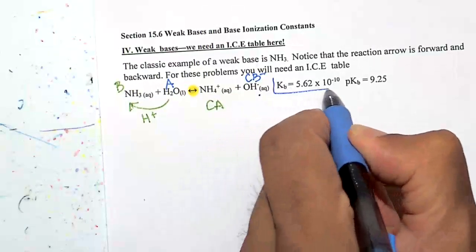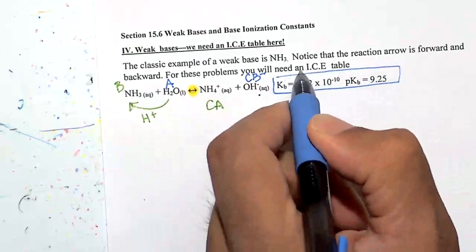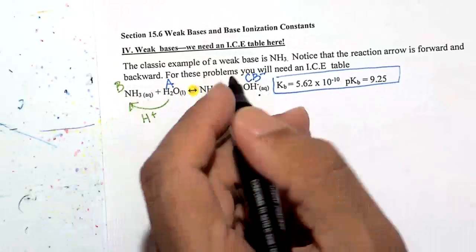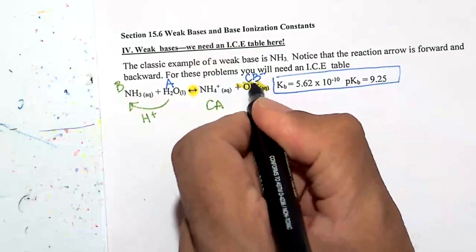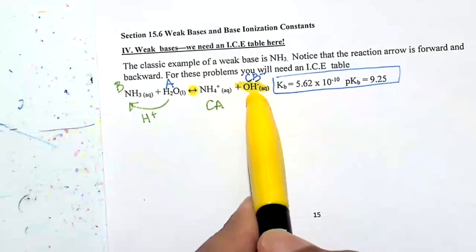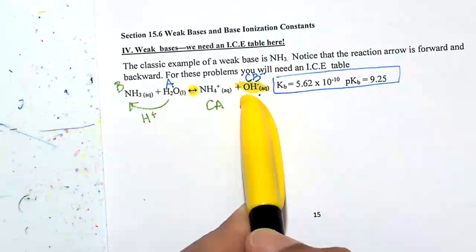So this is the Kb, not Ka, Kb. The reason it's Kb is because this is reacting with water to give you OH minus. If we're talking about Ka, the acid reacts with water to give you H plus. That is Ka.